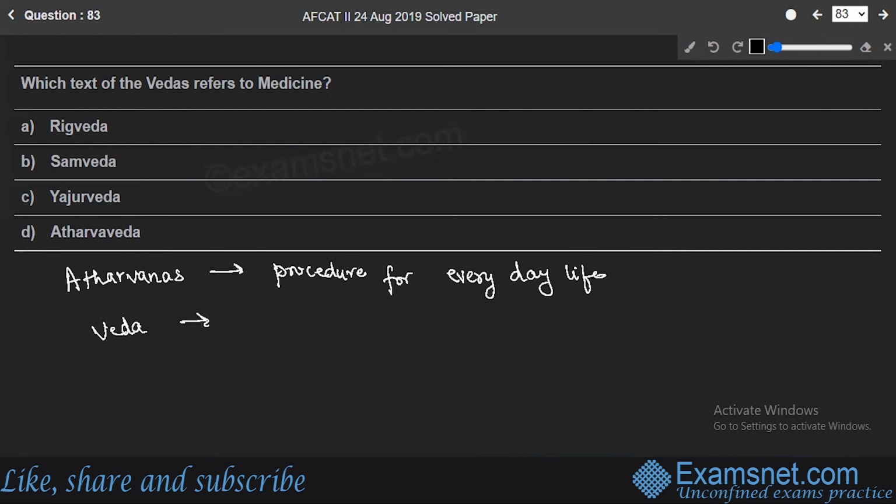And what do you mean by Veda? It means knowledge. So Atharva Veda means knowledge.